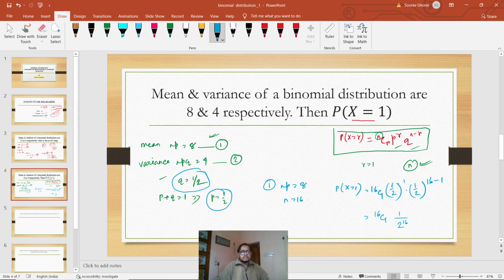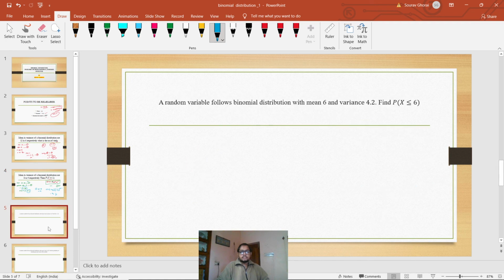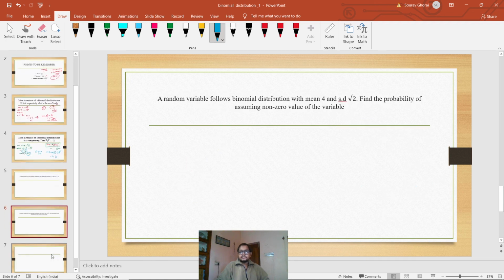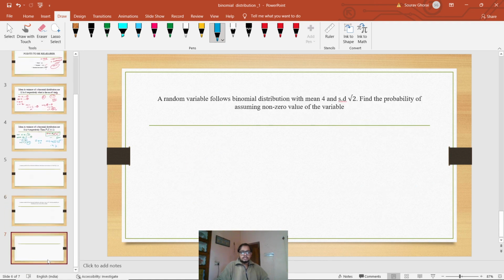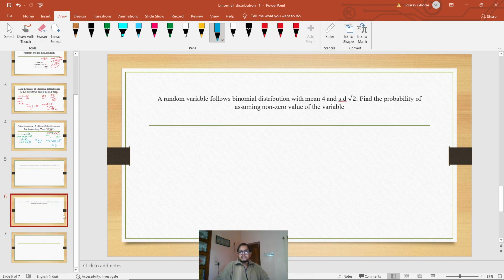And now I'm going to another problem. Yes, this one. Here the question is given that the random variable follows a binomial distribution with mean 4 and standard deviation root over 2. Then find the probability of assuming a non-zero value of the variable.